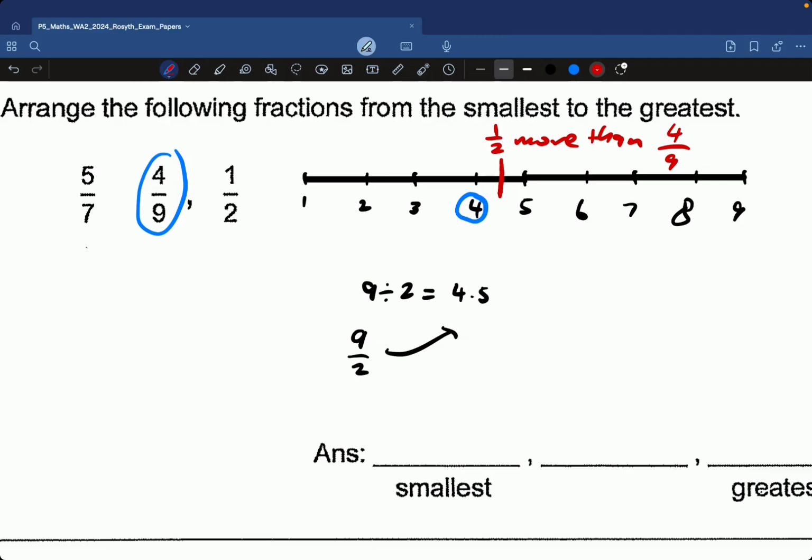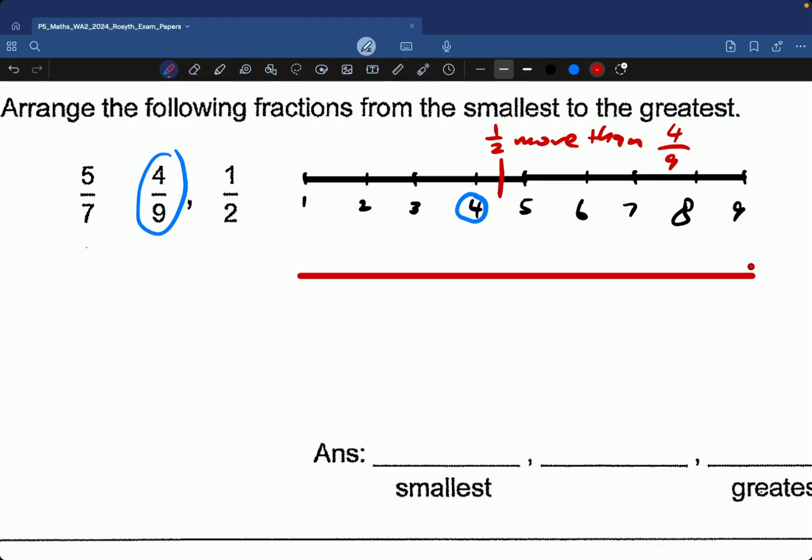So the next thing is, how about 5 over 7? If I were to have the same range over here, and then I have 1 and I have 7.